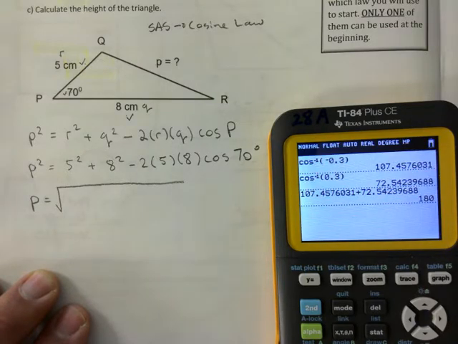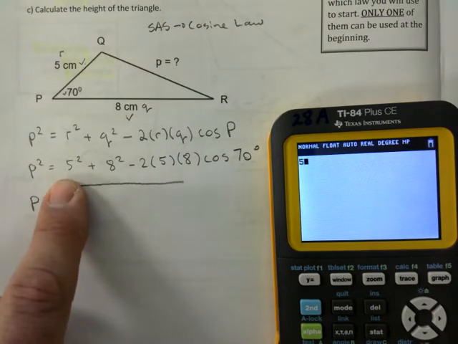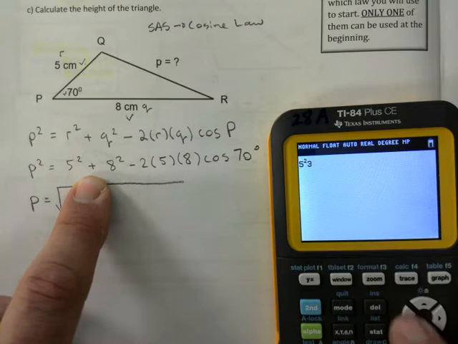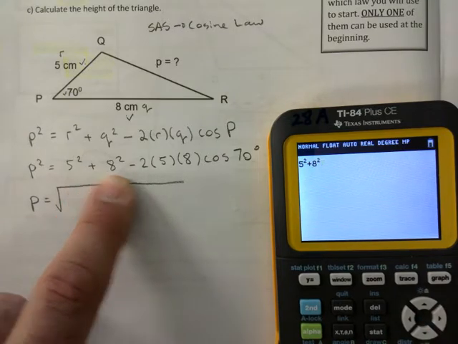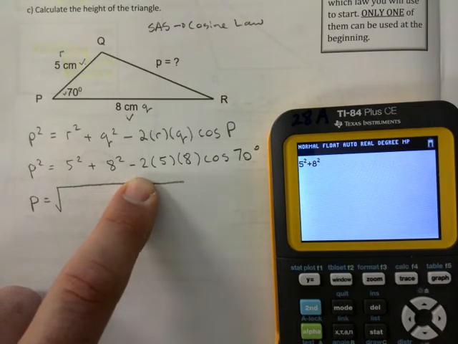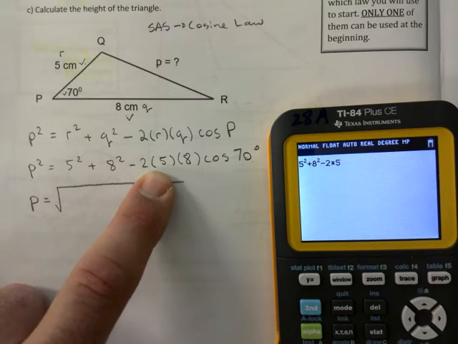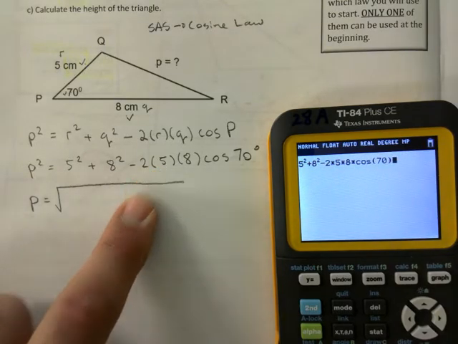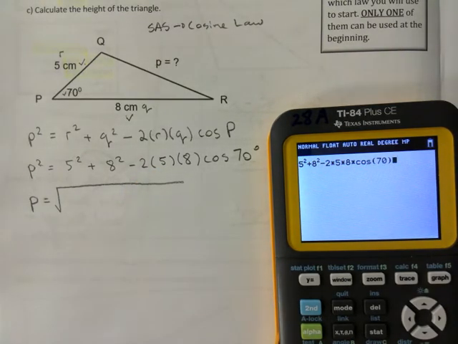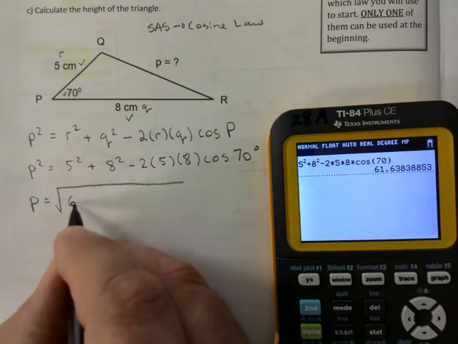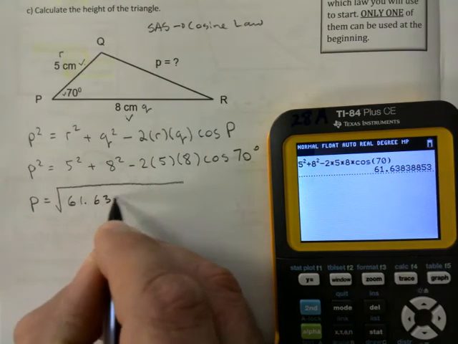So let's grab our calculators and just go 5 squared plus 8 squared. I kind of do this in one shot. I don't separate it. Minus 2 times 5 times 8 times cosine of 70. I type it in all in one, just like that. And then hit enter. And we're going to use all decimals, but we're not going to write them all down, right?